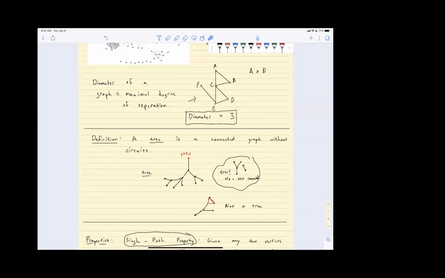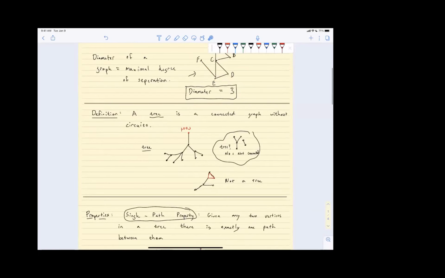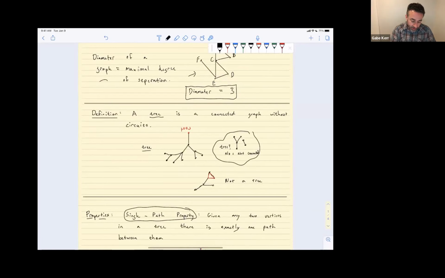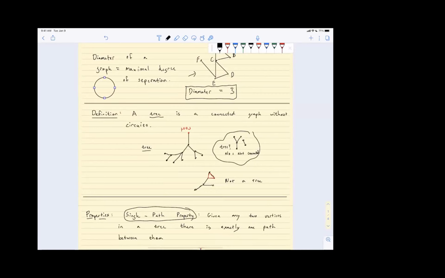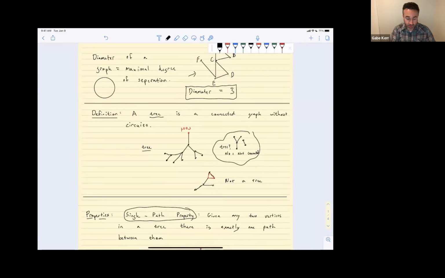If you think about a diameter in general, if you have a circle, what is its diameter? It's the largest distance between 2 points on the circle. However, it doesn't say the length of the longest path between 2 points, because of course I can take a very long path between these 2 points in space.